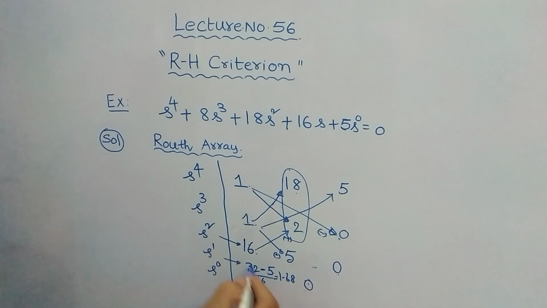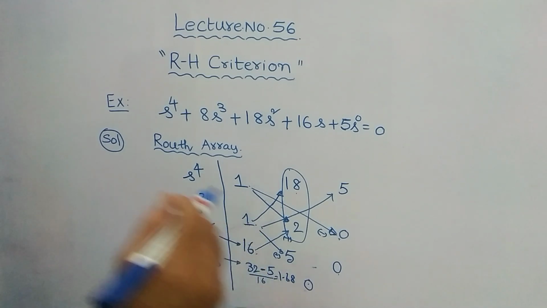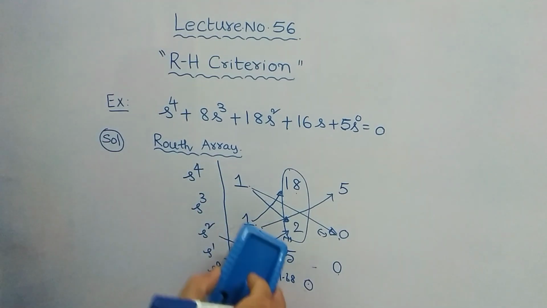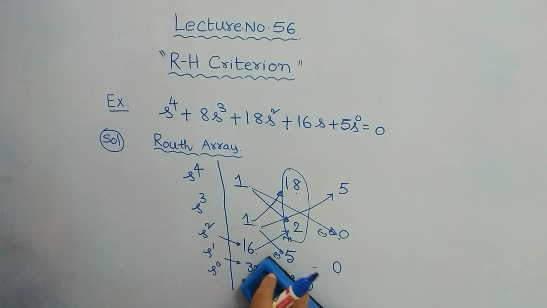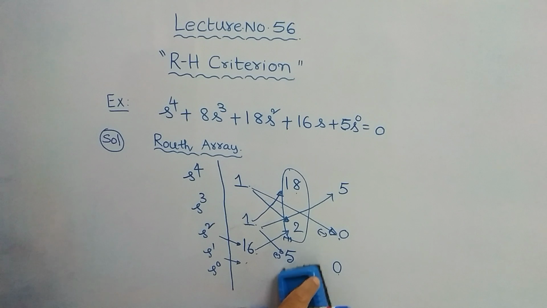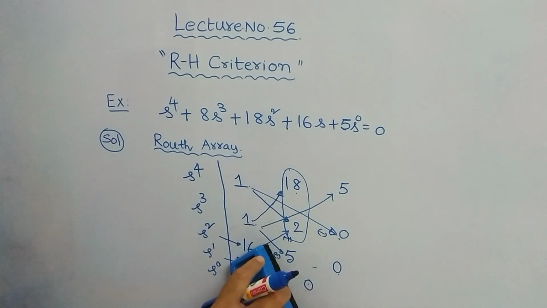So we will get only one value here, that is 1.68. Okay, so I will write this here. I will erase this. You will get 1.68 only there. Clear? 1.68.